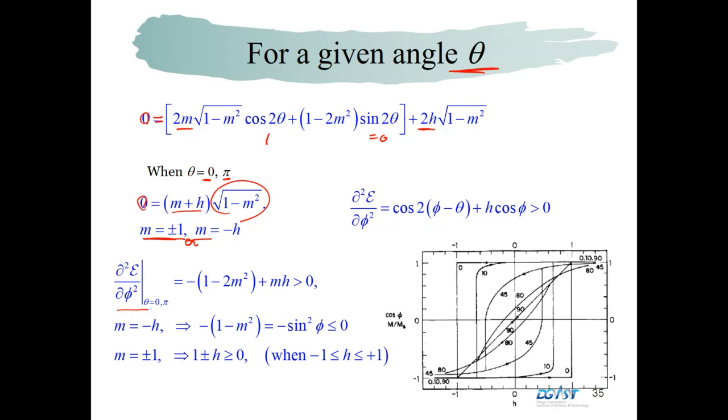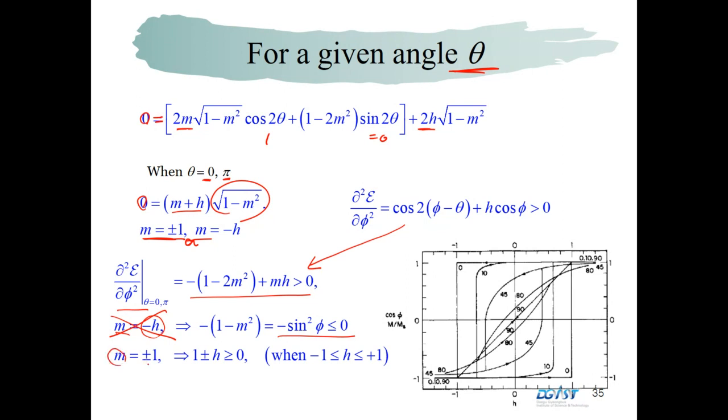So let's think about the stable point again. When theta is 0, we can obtain this relation from here. And when m is minus h, it is never stable, so it is not a physically meaningful solution.